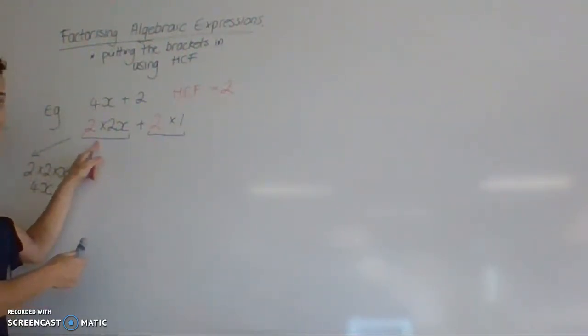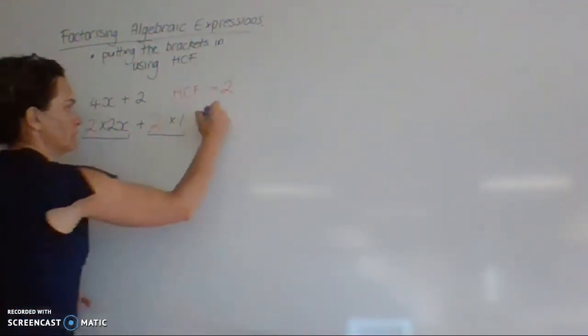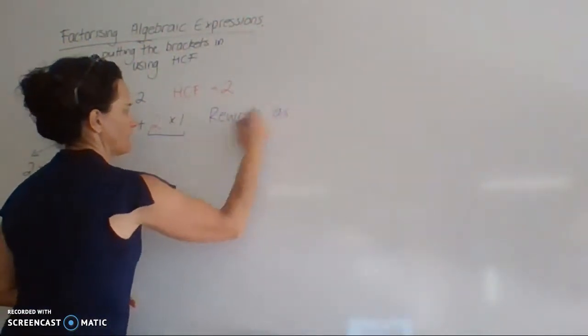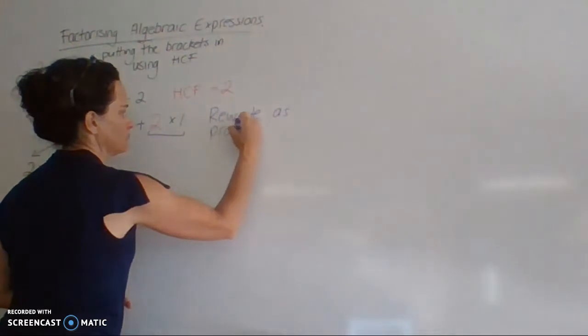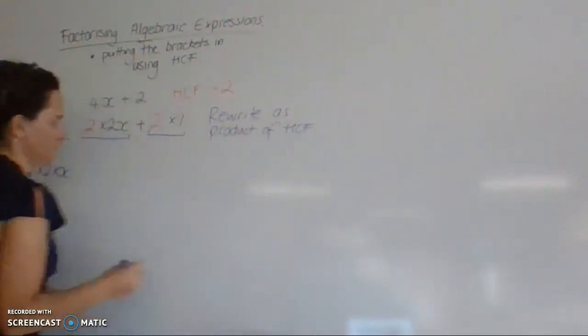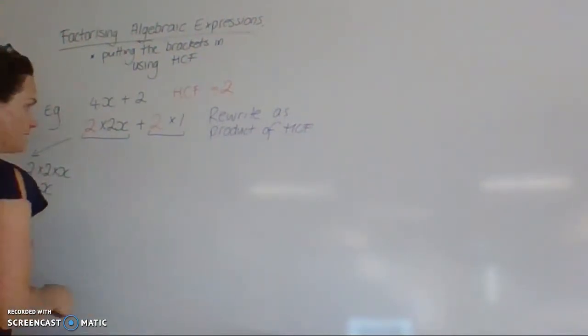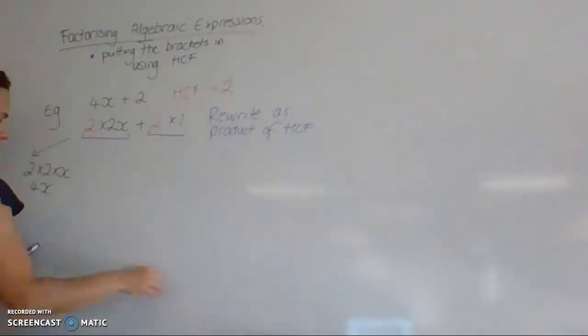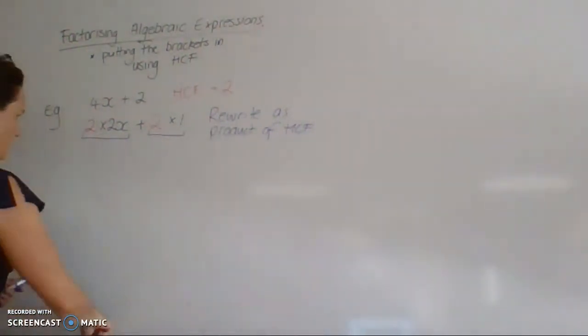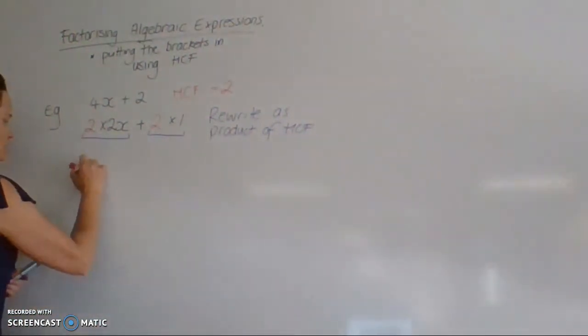So rewrite as a product of HCF. Then the HCF goes outside the brackets. I'm just going to get rid of this now. So we put our HCF outside the brackets, so that's our 2.